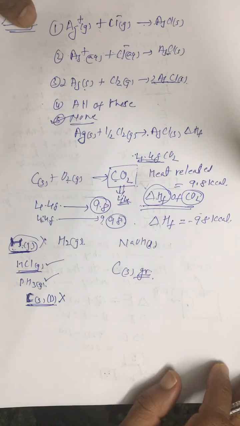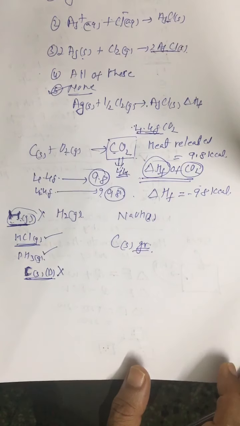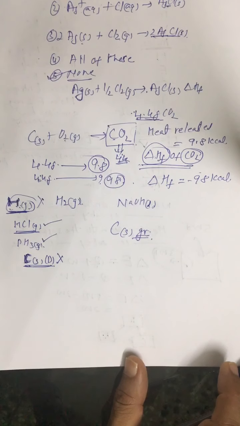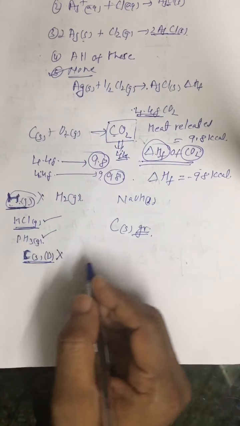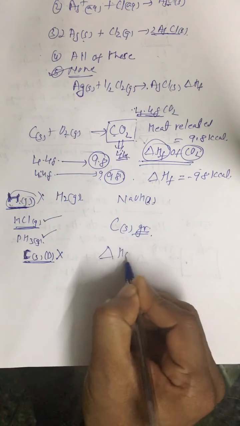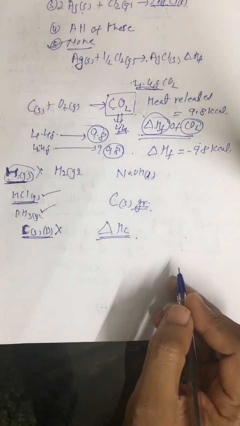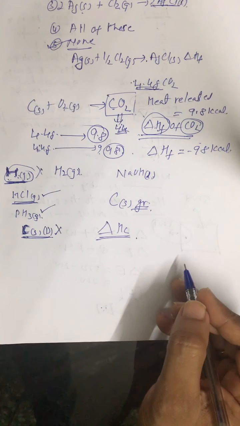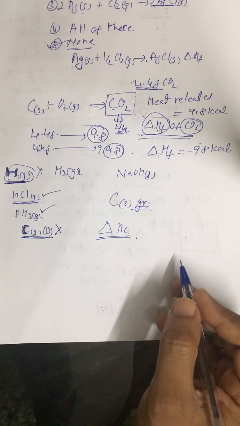Standard state of an element or compound is the natural state, or the state at 298 Kelvin and 1 atmospheric pressure or 1 bar pressure. Then comes delta Hc, the change in enthalpy of a system when 1 mole of an element or compound is completely oxidized. Complete oxidation is burning.